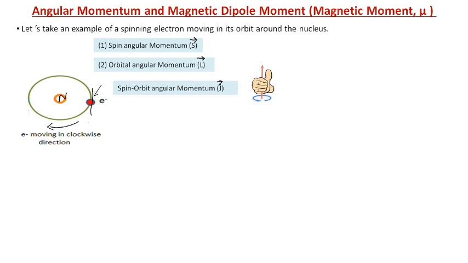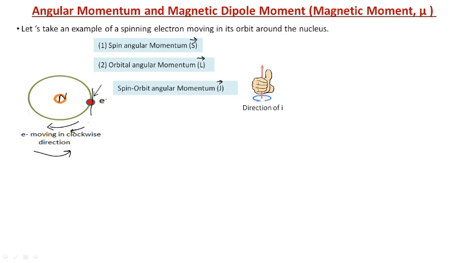Here, if we think of our right hand and our fingers are curling inside, then the direction of our fingers is anti-clockwise, which is the direction of the current, as here in this case our electron is moving in clockwise direction and the current is opposite to the motion of the electron.